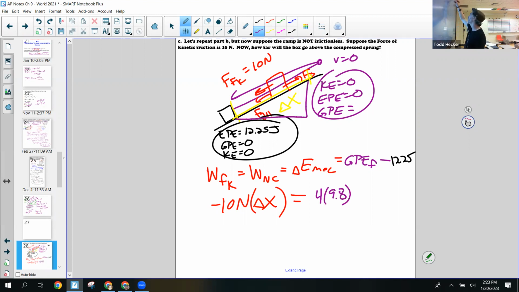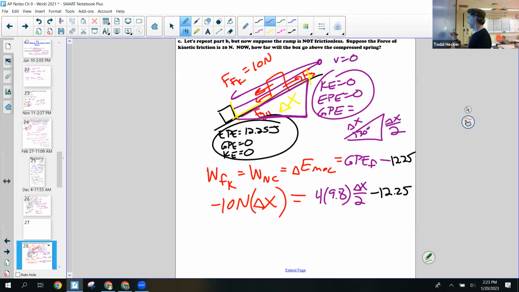But again, I can use this triangle here. We're going up a displacement of delta x. This is 30 degrees, which means the height is delta x over 2, just using some trig. Minus the EPE we started with.